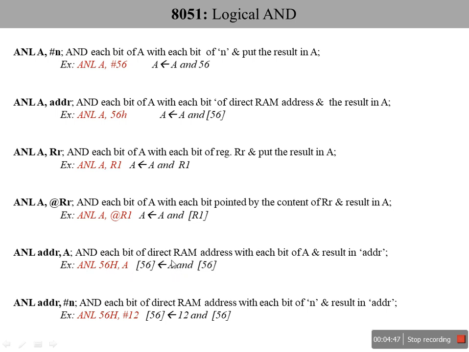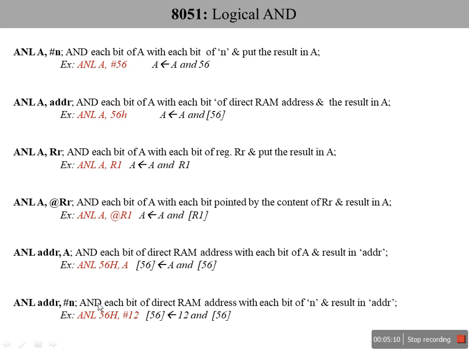The content of accumulator with the content of the memory location pointed by this 56 will be ANDed together, and the result will be replaced in the same memory location 56. Here the content of accumulator will not be changed, whereas the content of memory location 56 will change with the result of this particular operation.